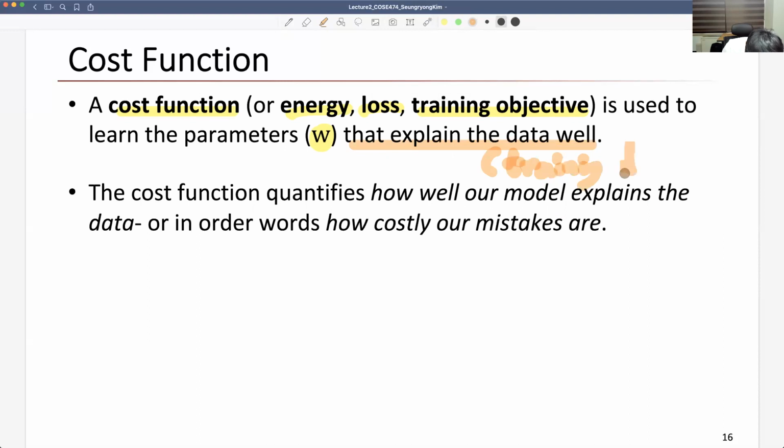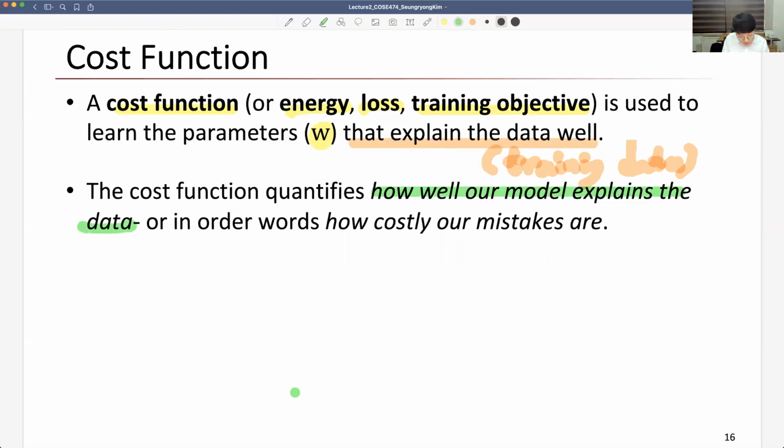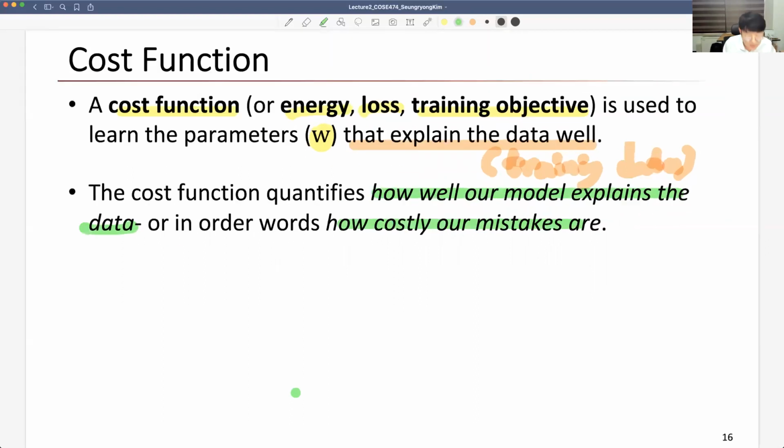In other words, our cost function quantifies how well our model explains the training data, or how costly our mistakes or errors are. So this is the definition of the cost function.